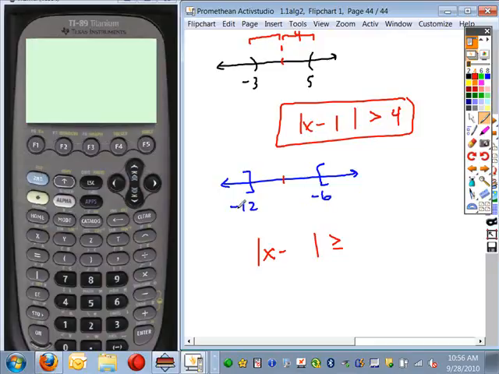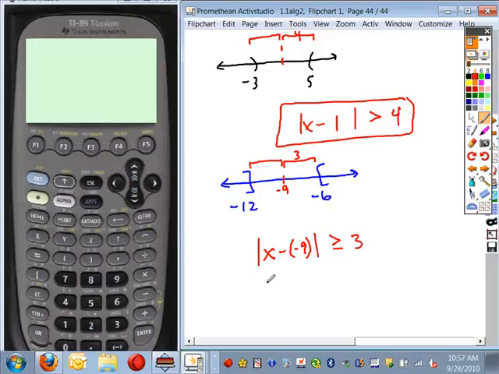If we add these together, negative 12 plus negative 6, we get negative 18, divided by 2 is negative 9. So we get a negative 9 in here, so x minus a negative 9. And then what is the distance between this midpoint, negative 9, and either of these endpoints? 3. So the 3 is this tolerance.